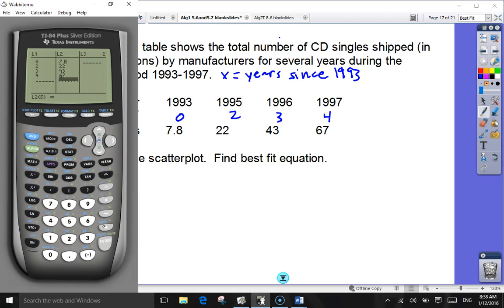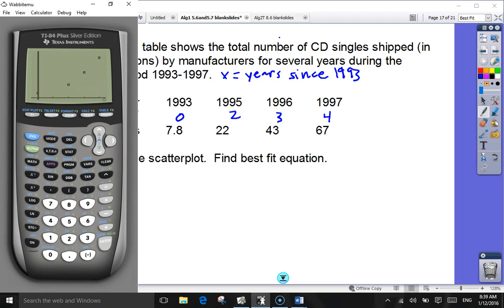So I'm gonna look at the data, right? Second, y equals 1. It's already on, so now I'm gonna hit zoom 9, and there's that. And I still have the line that we did last time, so I'm gonna take that off, clear, and now I'll hit graph.